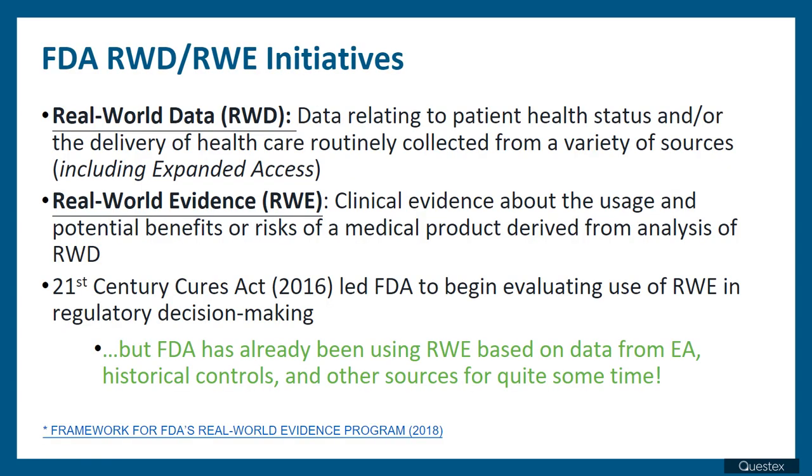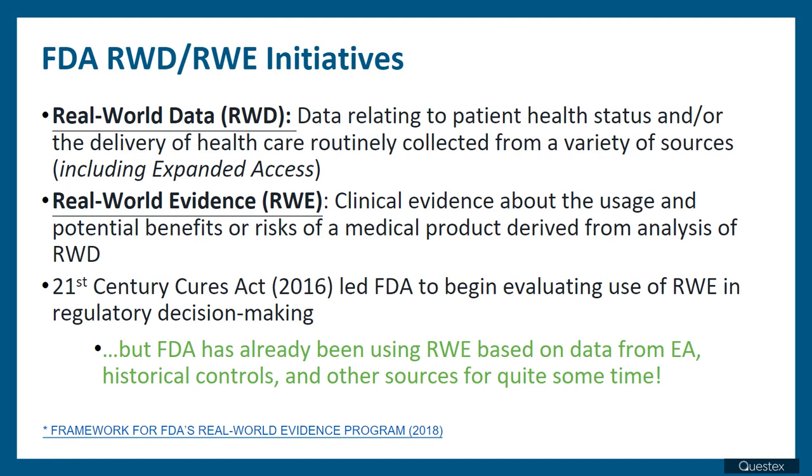Thank you, Kevin. As many of you may be aware, the FDA has a number of initiatives around real-world data and real-world evidence, including issuing a new draft guidance on the topic last week. This was driven by a section of the 21st Century Cures Act that directed FDA to evaluate how to incorporate real-world evidence into decision-making.